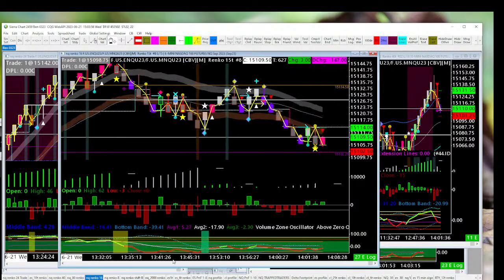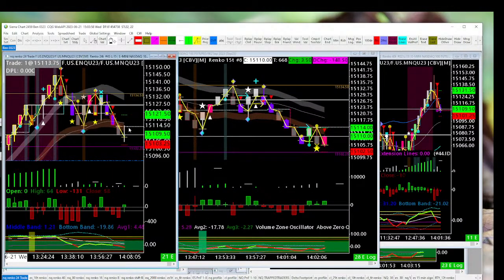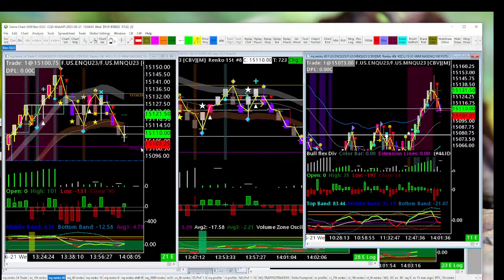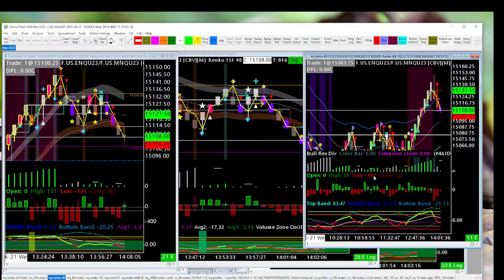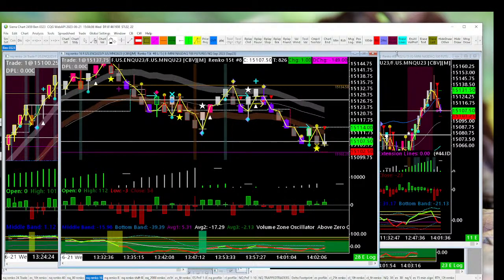And so that's why I have multiple time frames open with the same indicators on all of them, because the bigger the time frame or the Renko bar, the more significant those levels we're about to find are going to be.